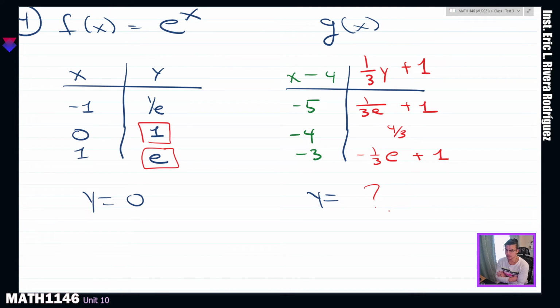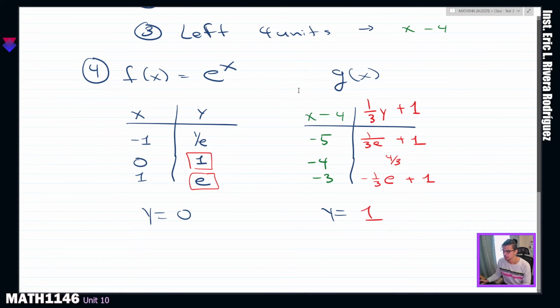It changed? How did it change? Yes. If we have a vertical shift, the horizontal asymptote will follow that shift. So 0 plus 1 is just 1, right? So any question with this one?